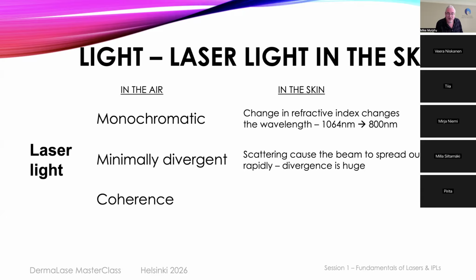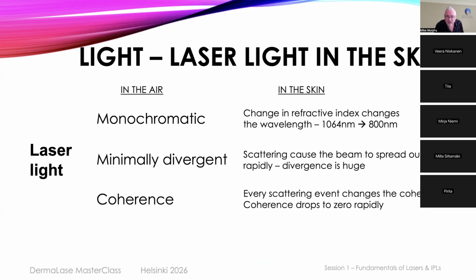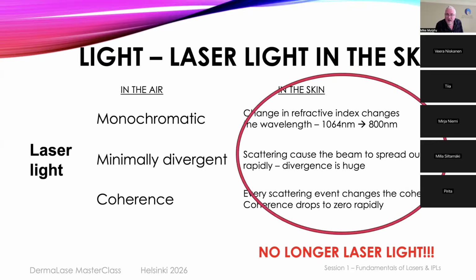And then in the air, it's highly coherent. All the waves are all going in the same direction and in the same phase and all the rest of it. In the skin, every single time it scatters, its coherence drops, and eventually it drops to zero. So the laser light in the skin is completely incoherent. So in other words, it's no longer laser light in the skin, because the wavelength is still monochromatic, but it's a different wavelength to when you fire it in.